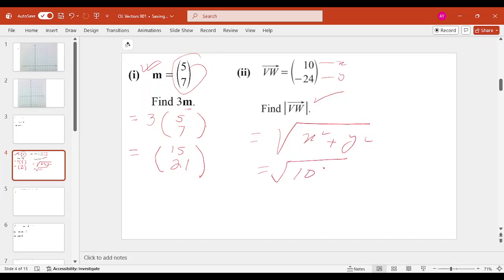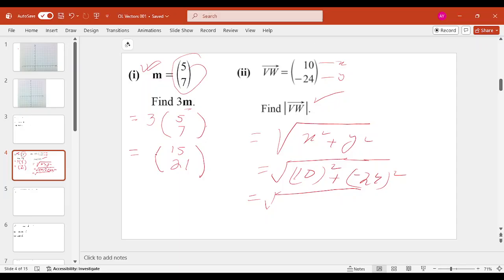10 squared plus (-24) squared. So this becomes, let me check, 24 squared, multiply 24 two times, 576.